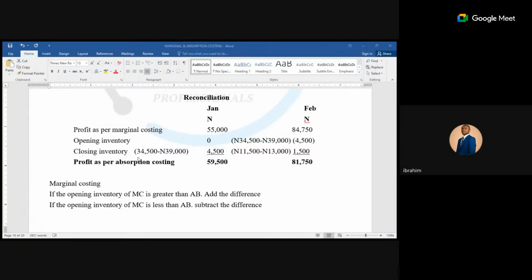Activity-based costing came into existence to replace the traditional approach, which is absorption costing. Let me quickly give a brief history of why.